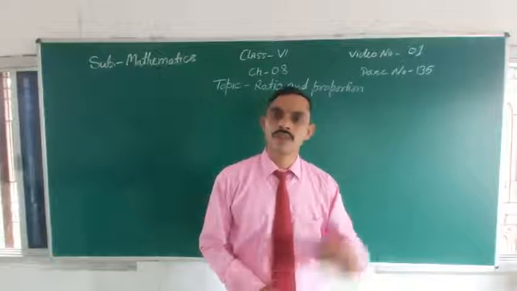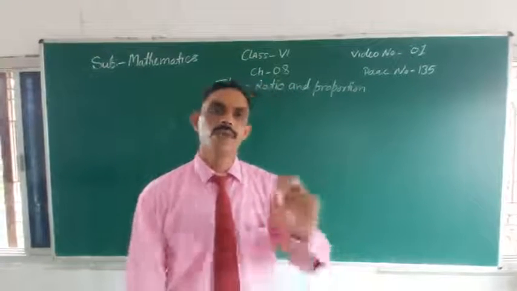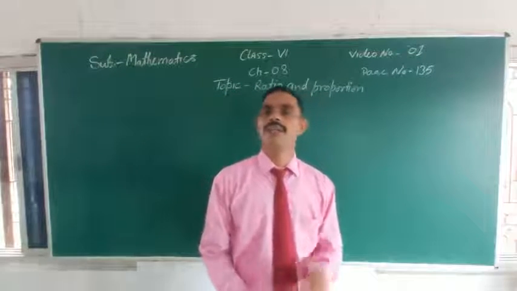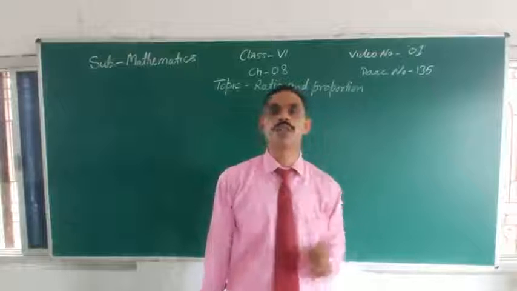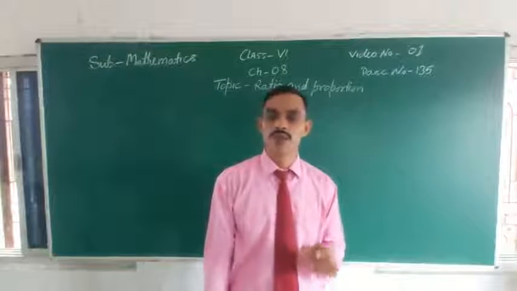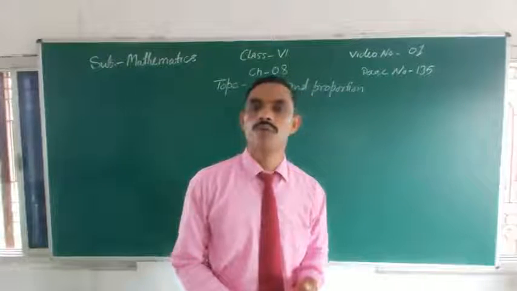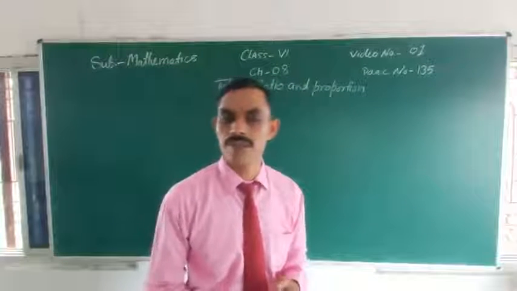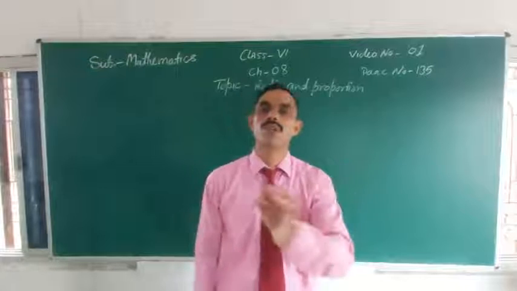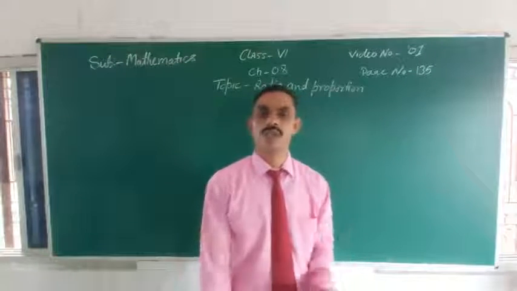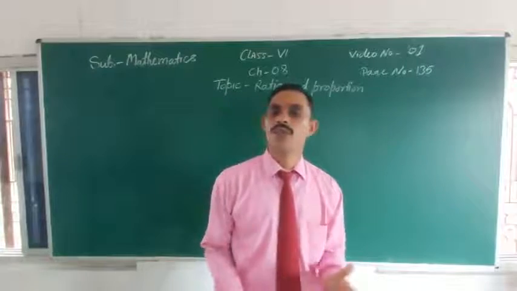Ratio is a fraction which exists between two quantities of the same kind and in the same units. These two points we have to keep in mind. A fraction of such two quantities is known as a ratio. So let us define ratio first.